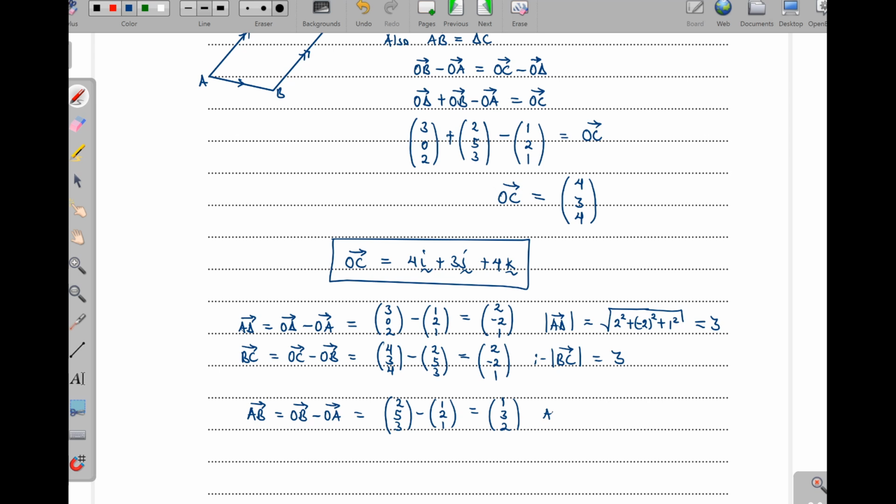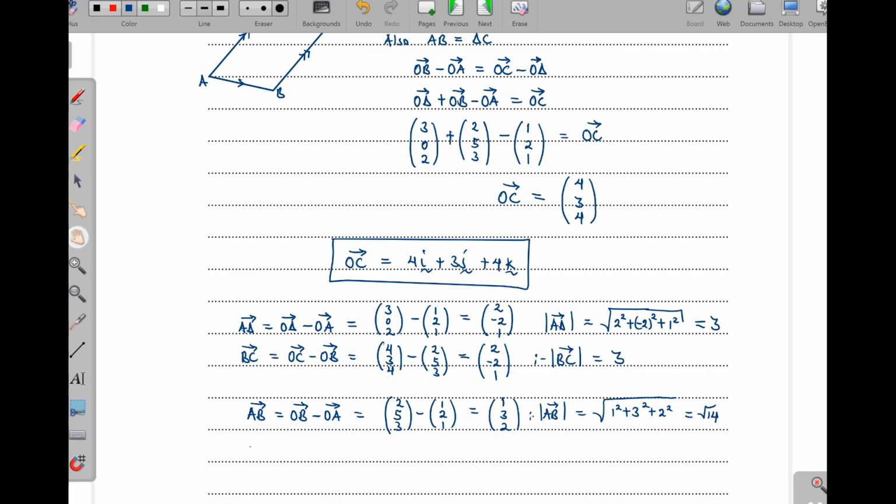So what is therefore the modulus of AB? This is the square root of 1 squared, plus 3 squared, plus 2 squared. This is 9 plus 1, 10, then plus 4. That is root of 14.